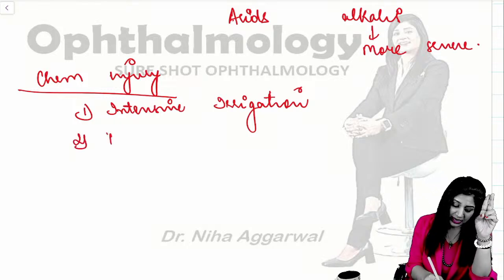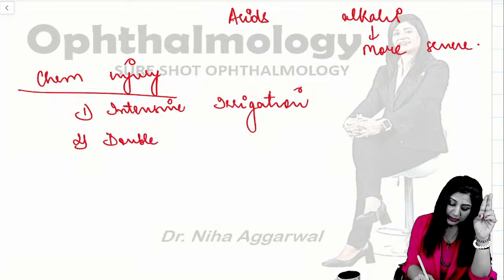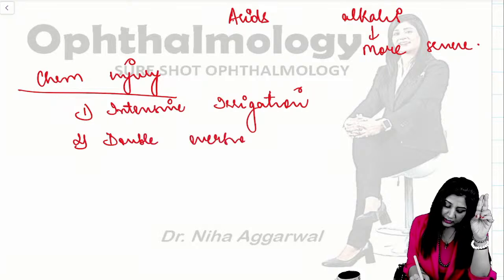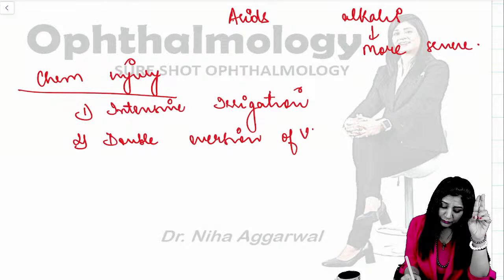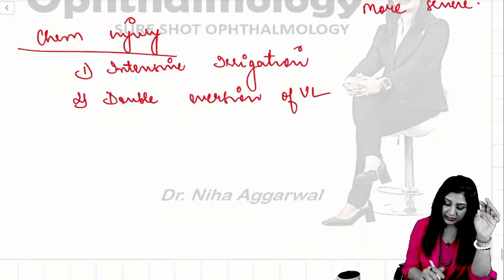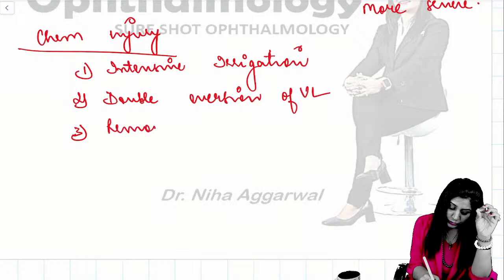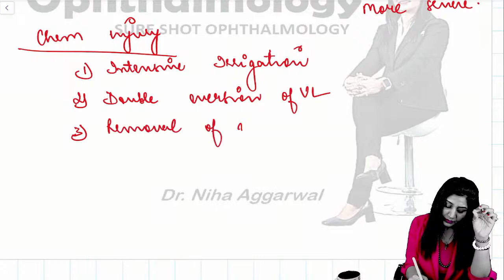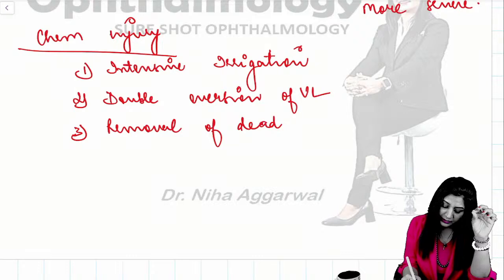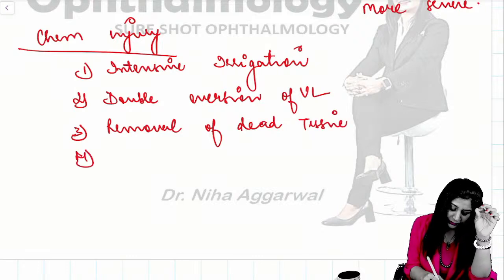Number two, we have to do double eversion of the upper eyelid, because we have to remove deeply embedded particles. Number three, we will do debridement, removal of the dead tissue. And number four, we will give the drugs.